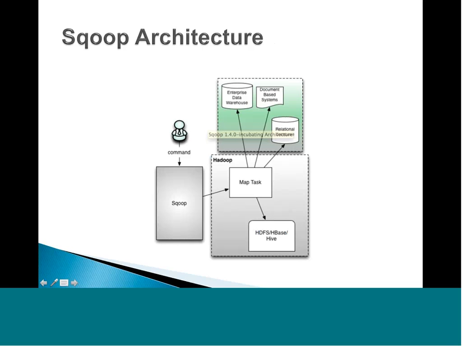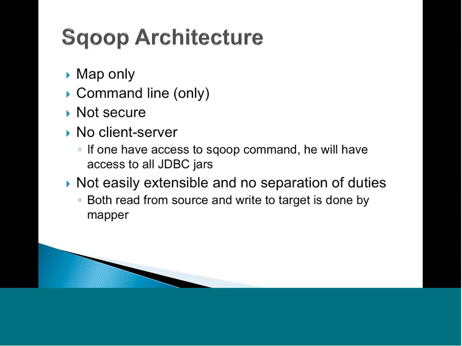Whereas in Sqoop1, it's a map-only job, so maps are responsible for both reading data from source and writing to sink. But it has some issues such as extensibility and those things for Sqoop core developers.